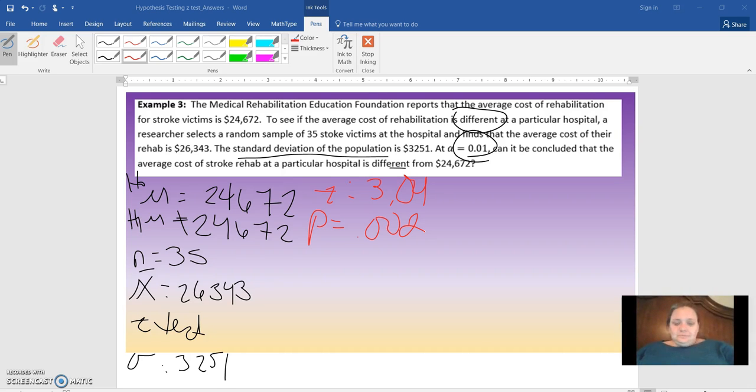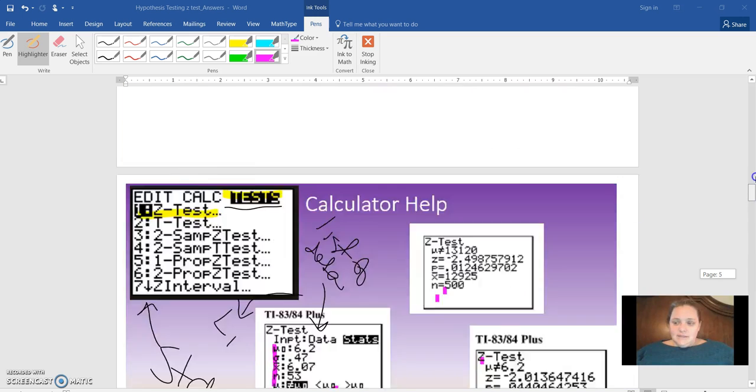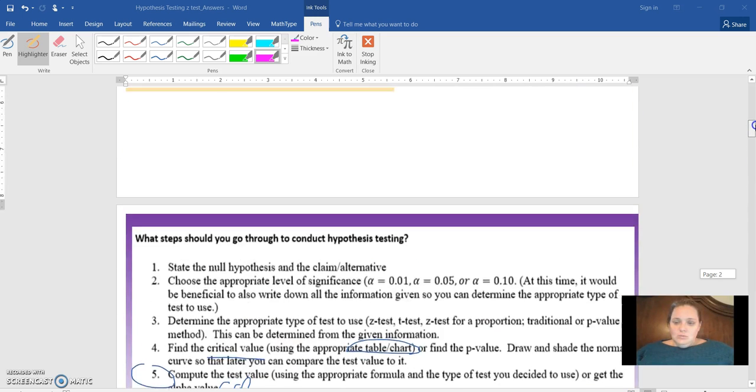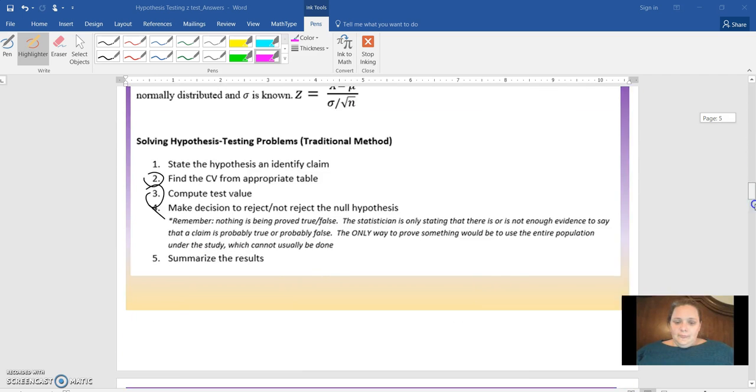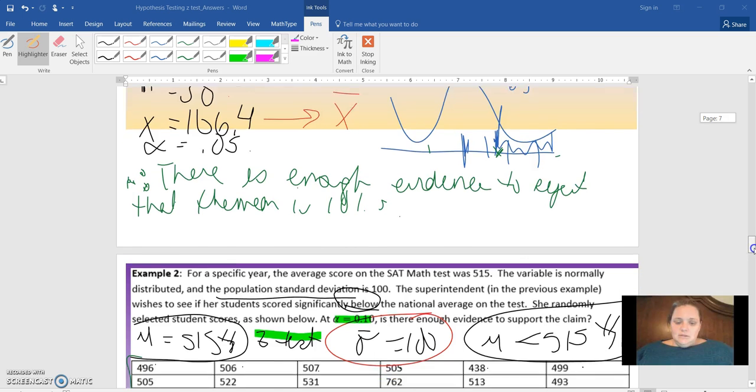All right, alpha is 0.01. It is a two-tailed test. 0.01, two-tailed. So look at that chart. 0.01, two-tailed, and so we're at 2.58.